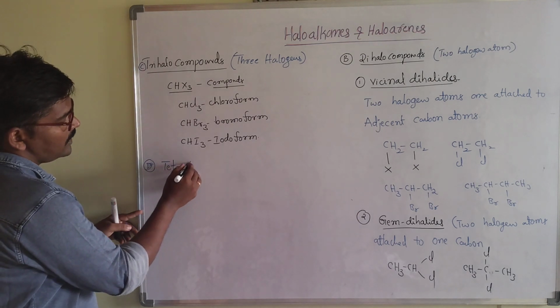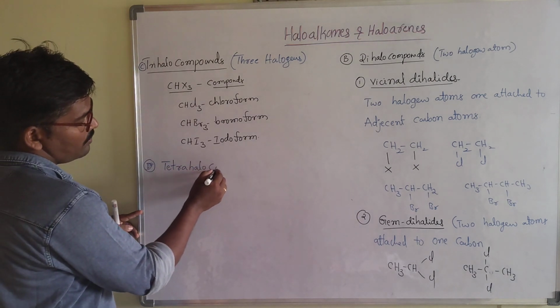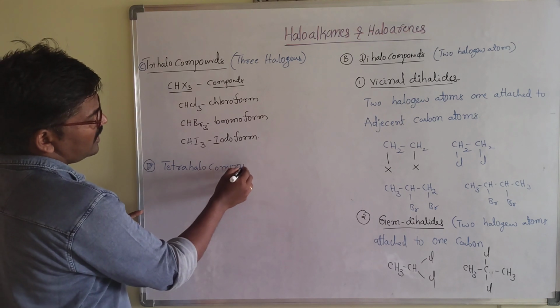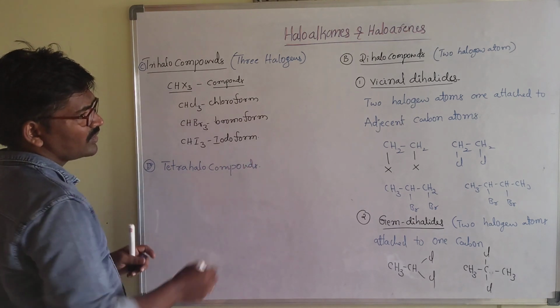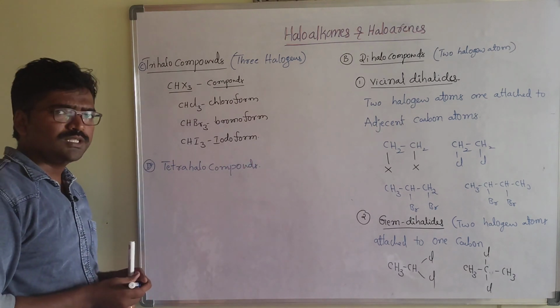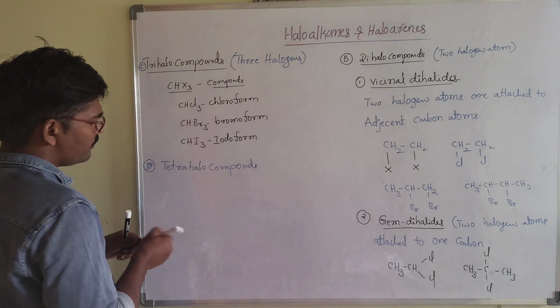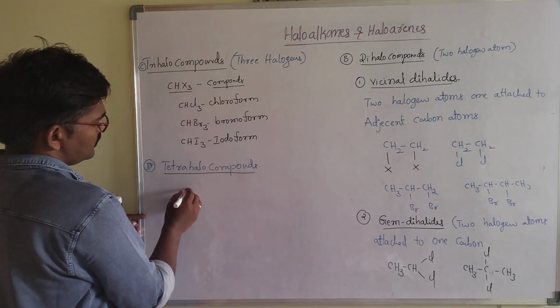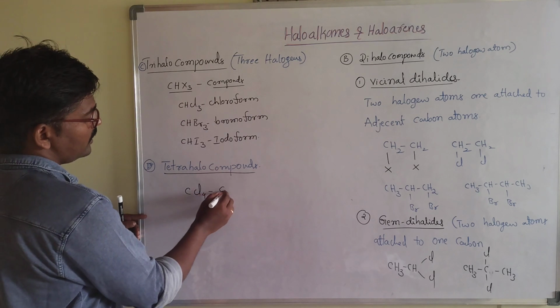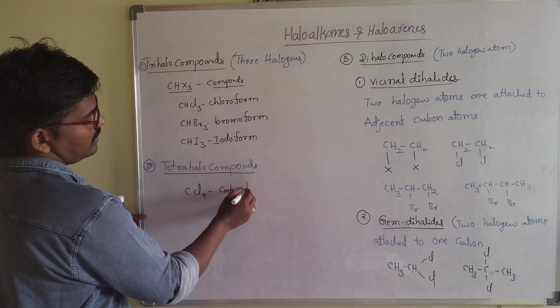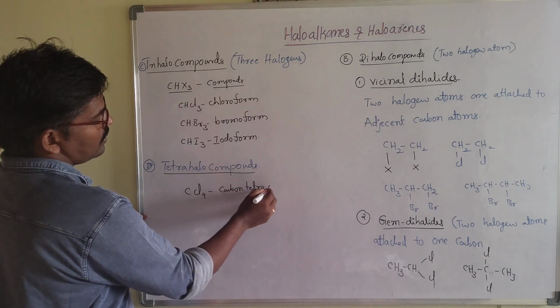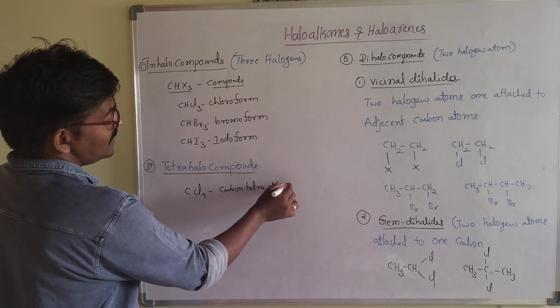Next, the fourth one is tetrahalo compounds. We know that tetrahalo compounds have 4 halogen atoms present in them. The best example is CCl4, carbon tetrachloride, which is generally used as a solvent.